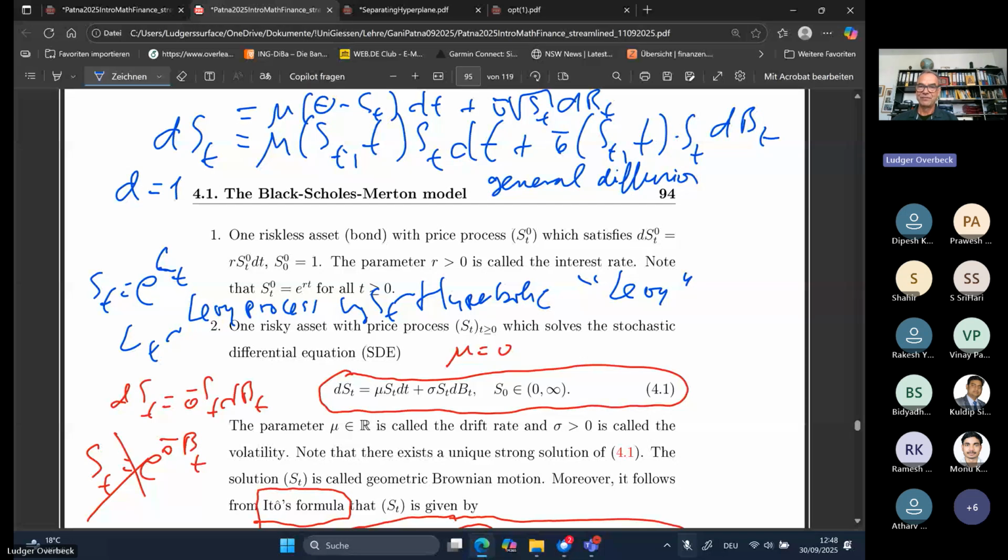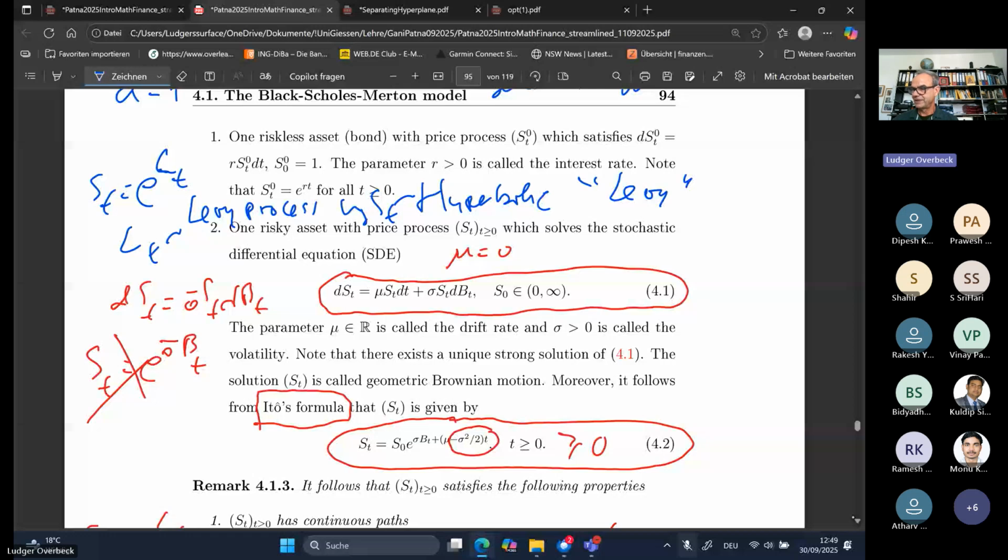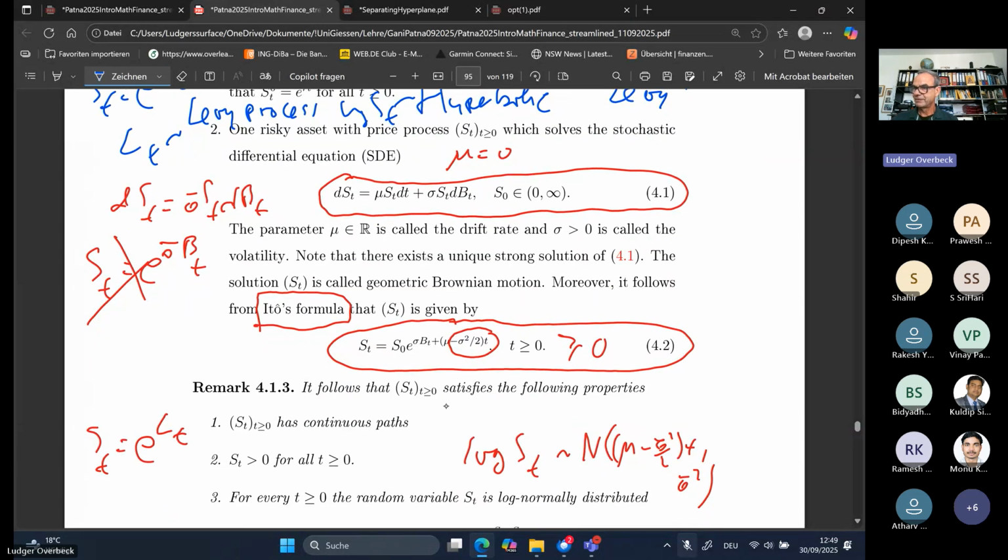If you want to calculate these expectations for pricing, it's always the same: pricing is always taking the expectation of some function, if it's simple, of S_T under the risk-neutral measure, so you need to know the distribution of S_T.